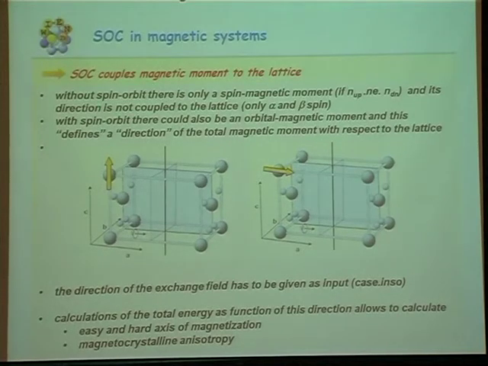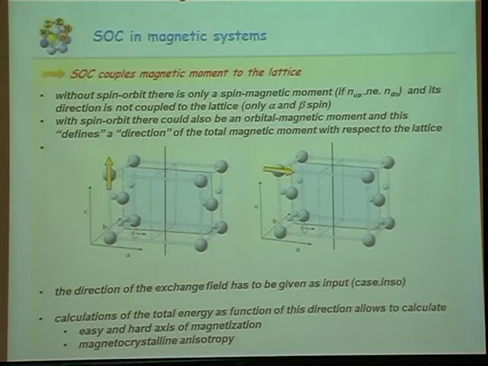However, there could also be a second source of magnetism, and that is the orbital magnetic moment coming from the orbital character, the L character. And with spin-orbit coupling, there is now a coupling between this orbital magnetic moment and the spin magnetic moment.